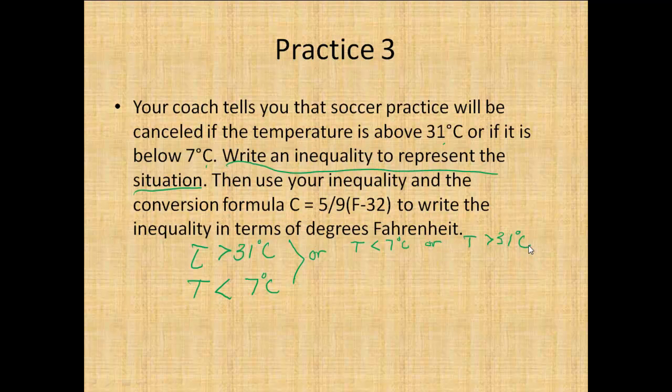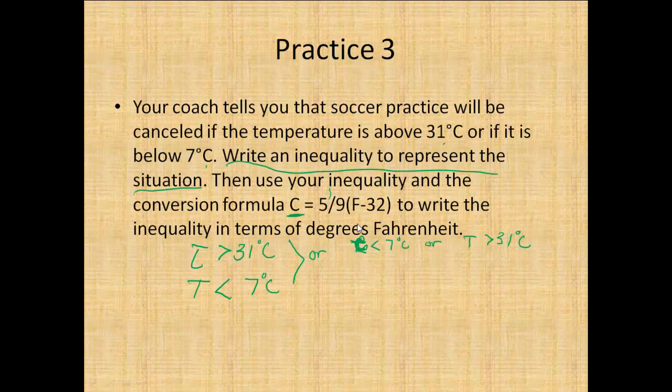Now the next part says, use your inequality and the conversion formula that Celsius is equal to 5/9 times your Fahrenheit temperature minus 32 to write the inequality in terms of degrees Fahrenheit. So what it's really asking us there is, our temperature here is really a Celsius degree reading. That's like our C in our formula.